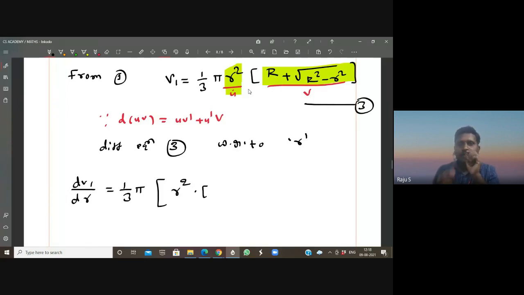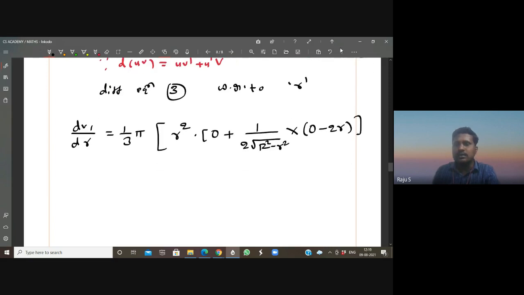We only have to differentiate the radius which belongs to the cone, not the sphere. So capital R is a constant, so that is 0, plus it is in the form of root x. What is the derivative of root x? 1 by 2 root x. So 1 by 2 root over capital R square minus small r square into, again, the derivative of capital R square is 0, minus small r square is 2r.